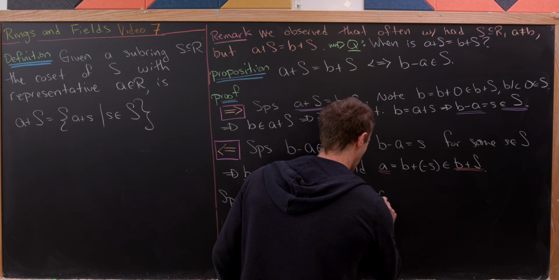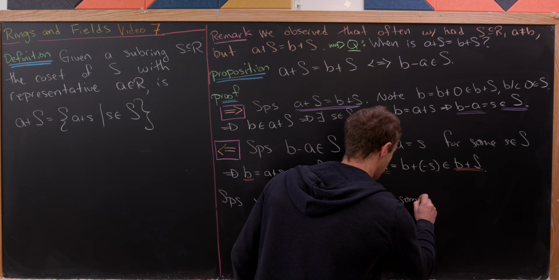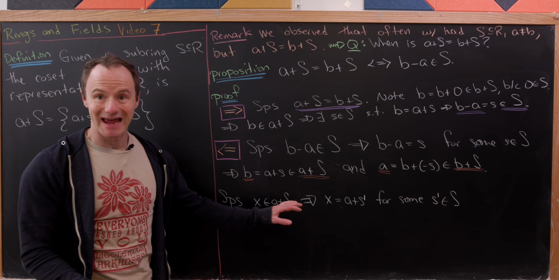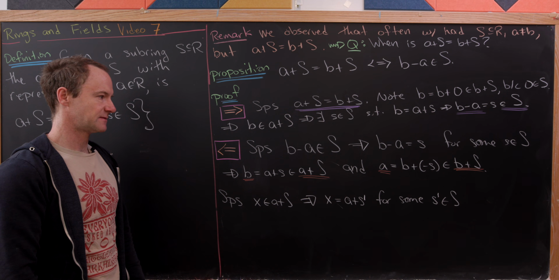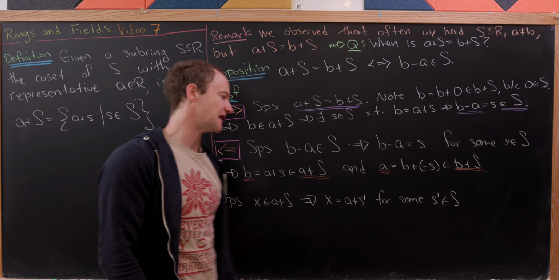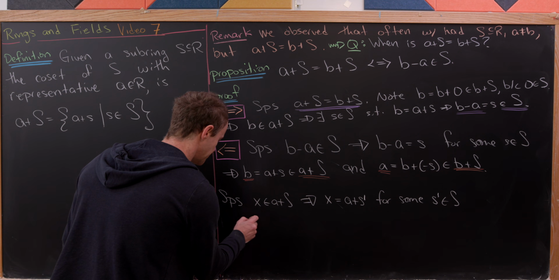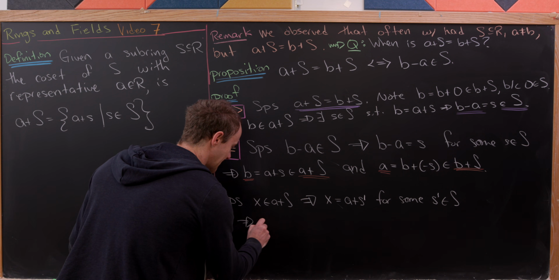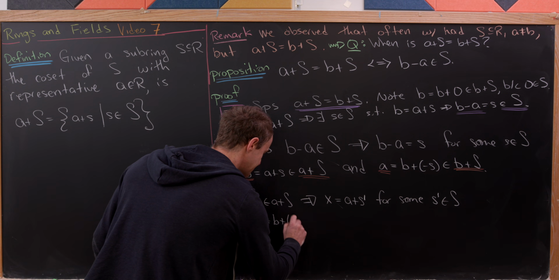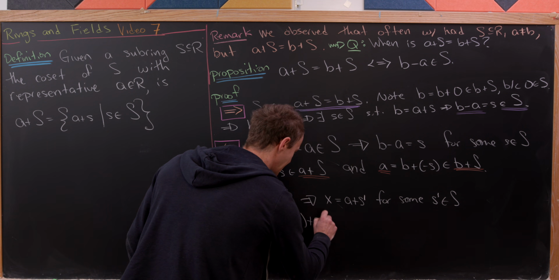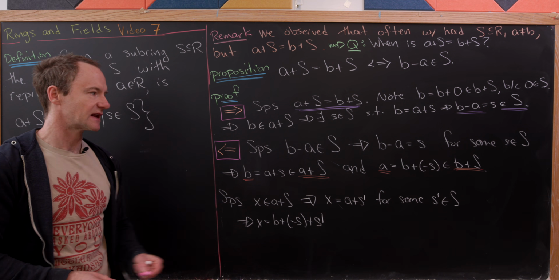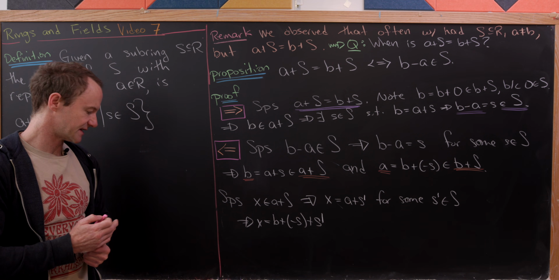And that's going to be for some s prime inside of S. So that's what it takes to be inside of this coset. But now what I'm going to do is take this little a and rewrite it with the equation that we have right above. So x is equal to b plus negative s plus s prime. So again, that's just replacing little a with this b plus minus s.